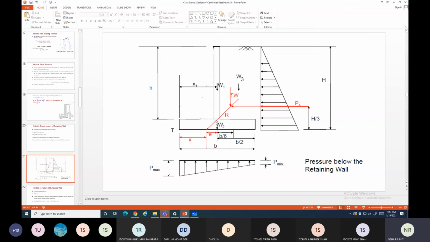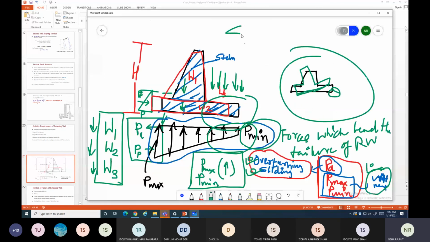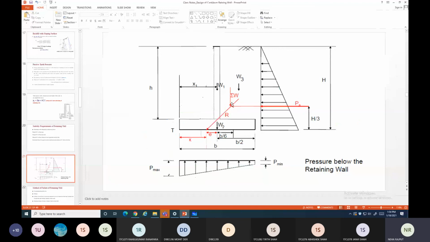And this R is nothing but the resultant weight. So this resultant weight is nothing but, this is W1, W2, W3. So the resultant weight will be W1 plus W2 plus W3. So that resultant is summation of W, and that will pass through the CG of the base slab.